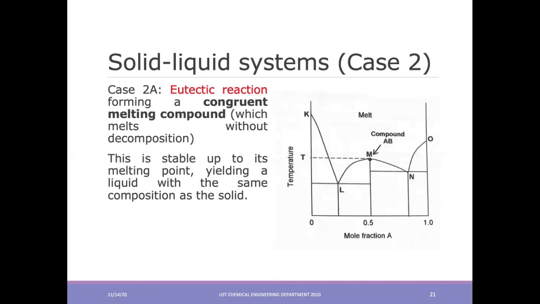Below curve NO, this is solid A and saturated solution of A. So again, to understand it more, below curve KL, saturated solution of B only and solid B. NO refers to a solid and saturated solution of A.